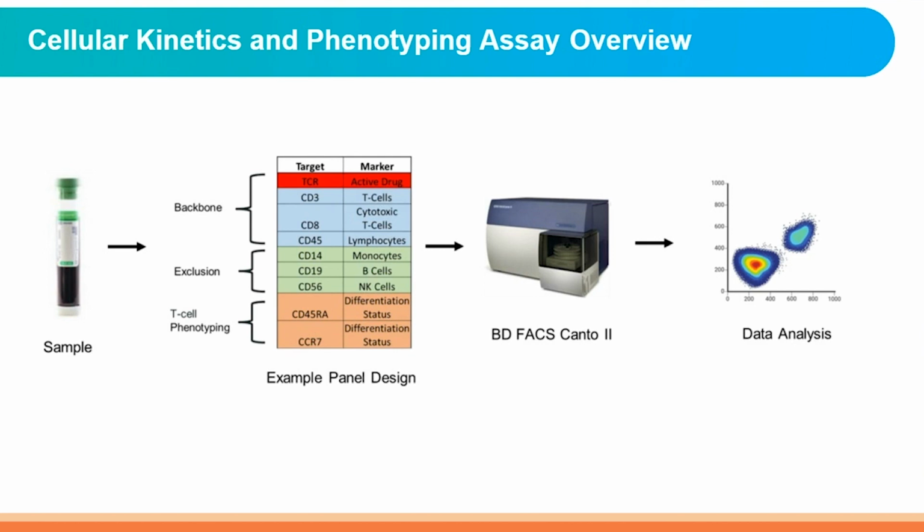A dump channel is also included to exclude B cells, monocytes, and NK cells. We also have two differentiation markers for phenotyping. I want to mention that the phenotyping markers are not unique. There are also other markers working fine, such as CD95, CD27, and CD62L. After staining and red blood cell lysis, the sample were run with BD CANTO II, and the data analysis is performed with FlowJo.